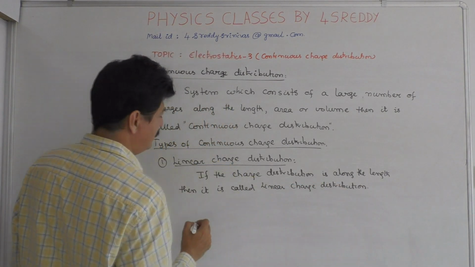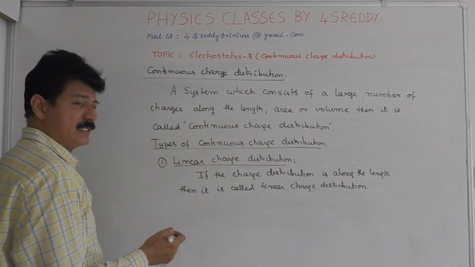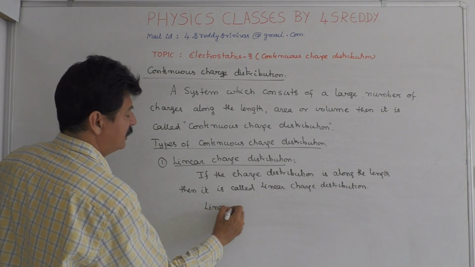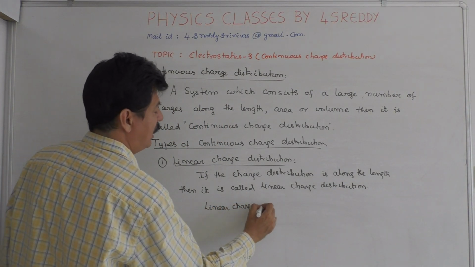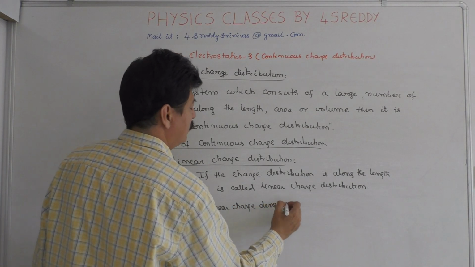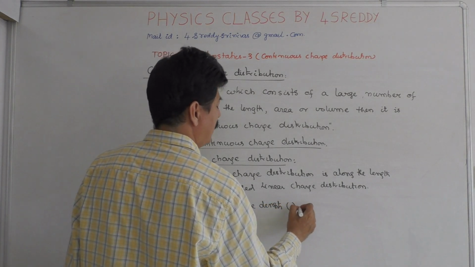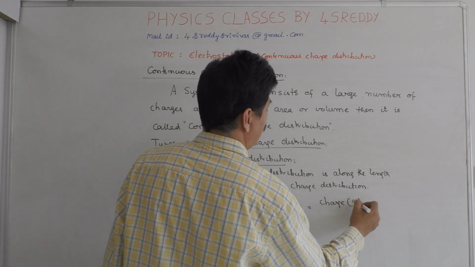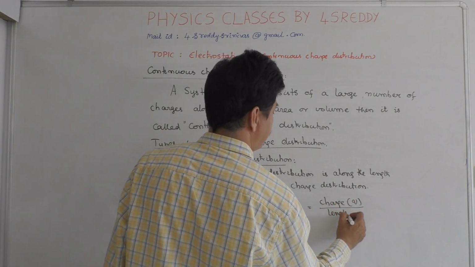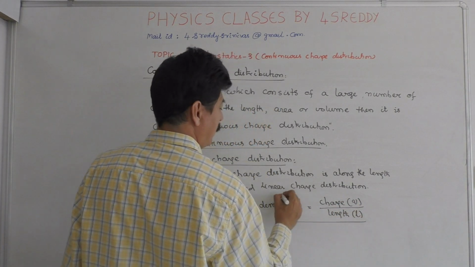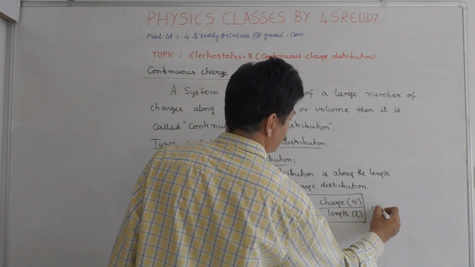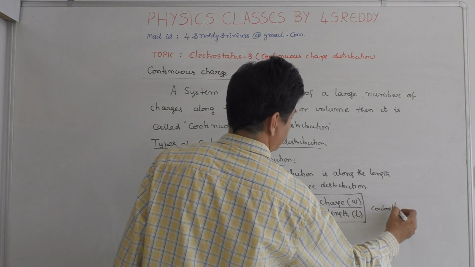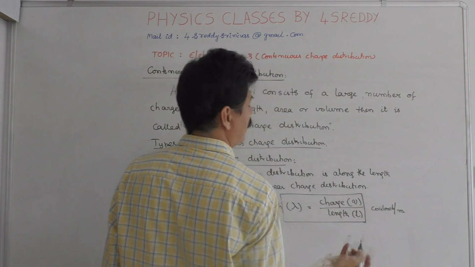Once you got the idea of this, then what is linear charge density? Linear charge density is denoted by lambda. It is charge Q by length L, correspondingly coulomb per meter, or coulomb per centimeter.